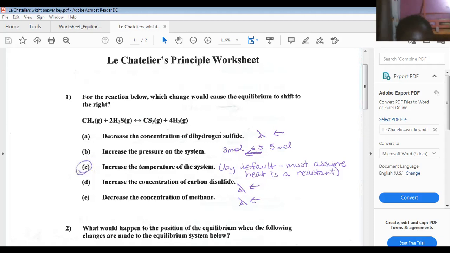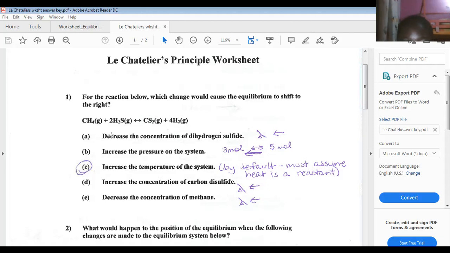Now D, increase the concentration of carbon disulfide. Where will equilibrium shift to? Are you there? Yes, sir.